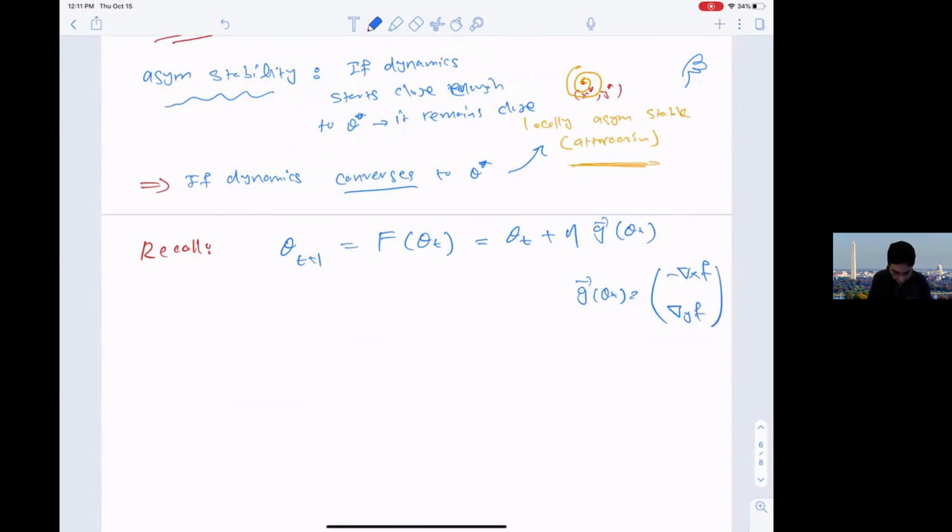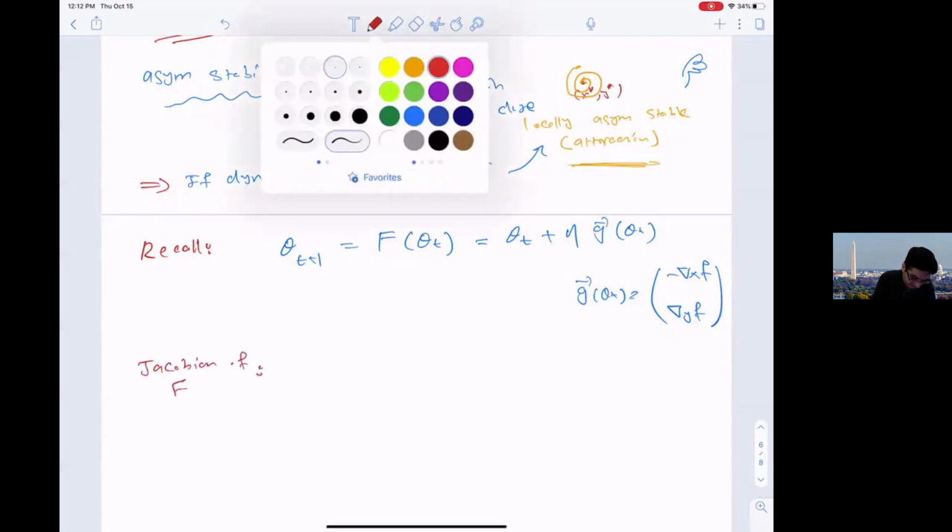Okay. So in terms of the convergence of the dynamics, in terms of the ability to find the fixed point, it is important to look at the Jacobian of function f, which is basically the derivative with respect to theta.